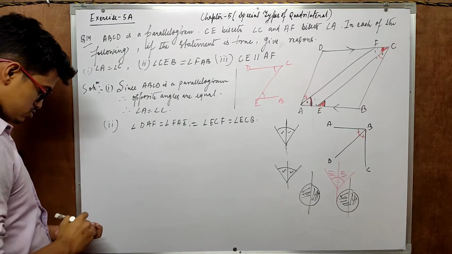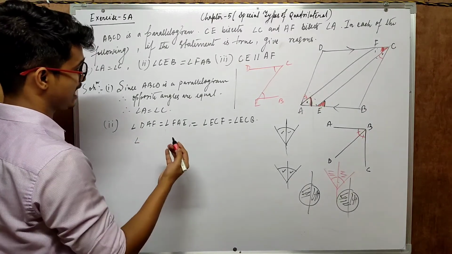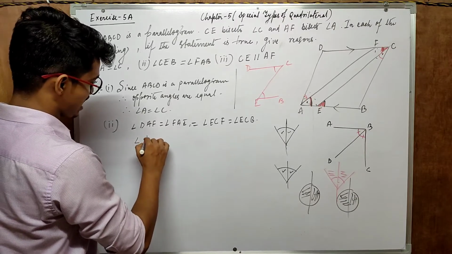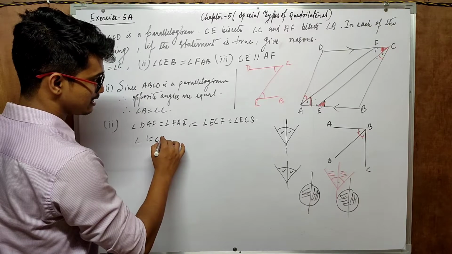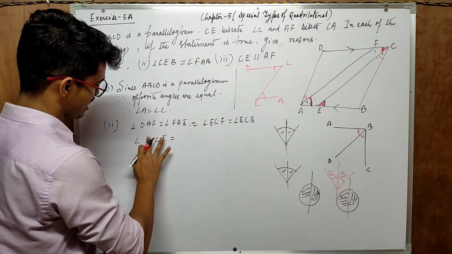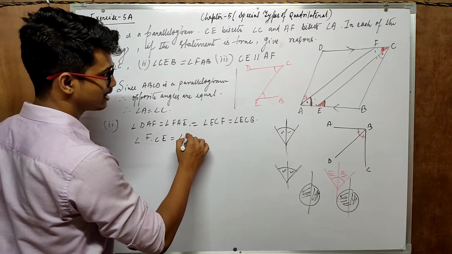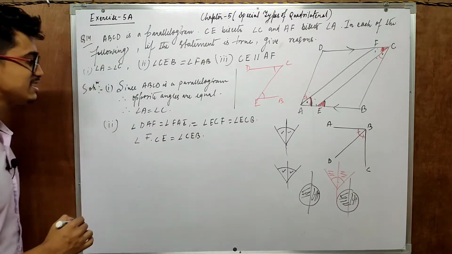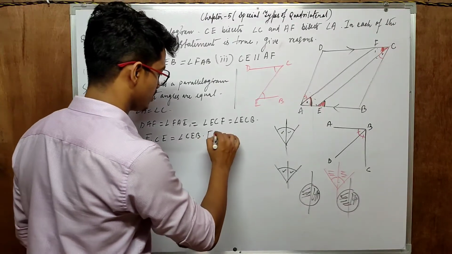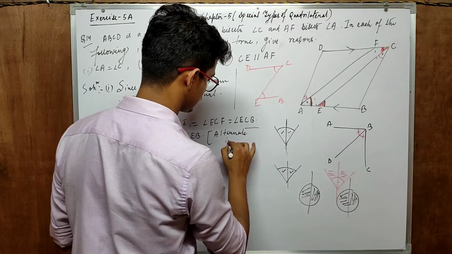So now what should I write? Angle FCE equal to angle CEB. Why? Alternate interior angle.